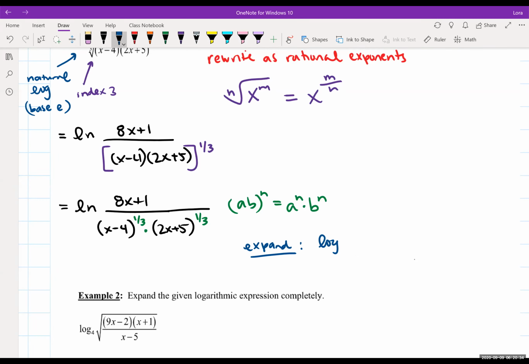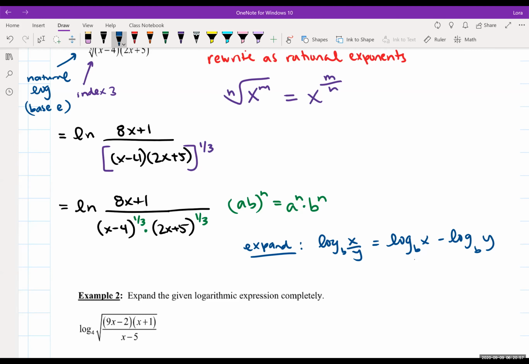Maybe I should do x over y, I think we were using b in our example. So whenever you see a fraction in your argument, you know that the logs will break up into a subtraction of two logs: log of the numerator minus log of the denominator, same base.